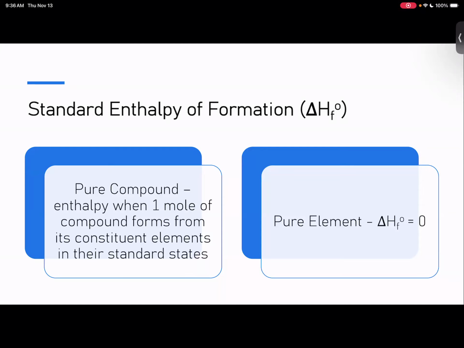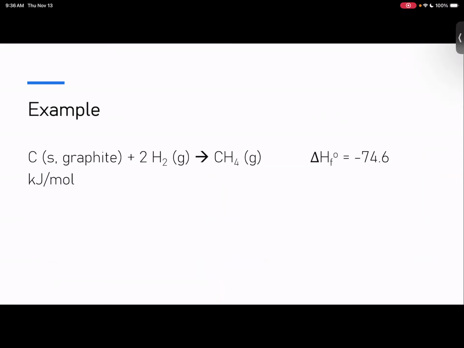So let me just give a reaction and discuss it in greater detail. Carbon solid graphite plus 2 hydrogen gas goes to make methane. This reaction has a delta H of formation of negative 74.6 kilojoules per mole. Because carbon solid graphite is an element in its standard state, it has a delta H of formation equal to 0.